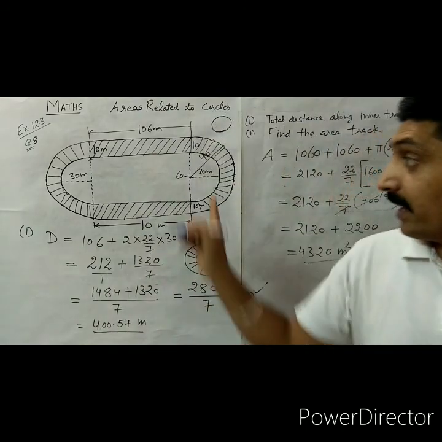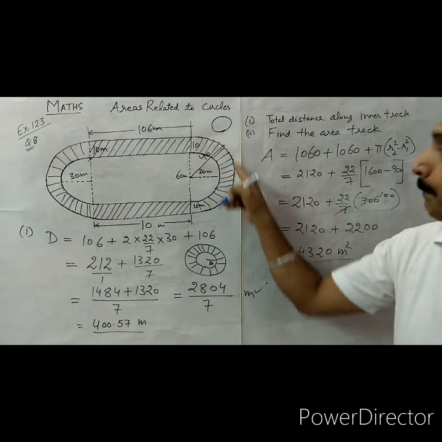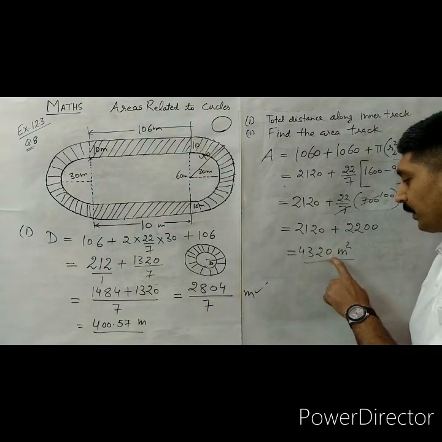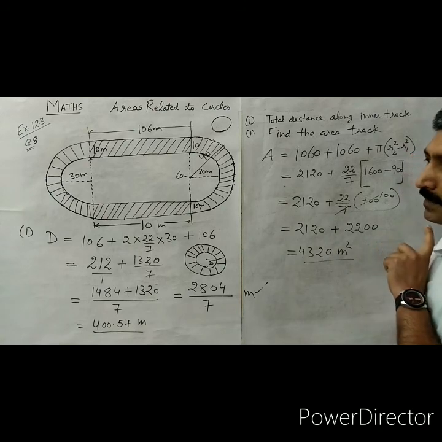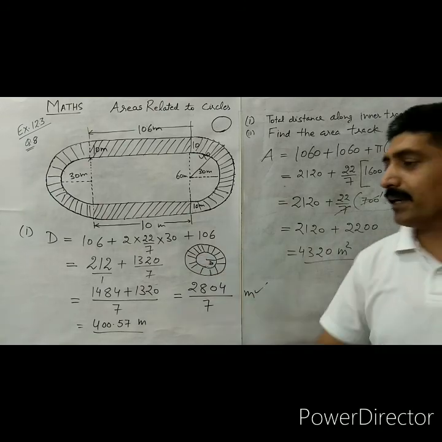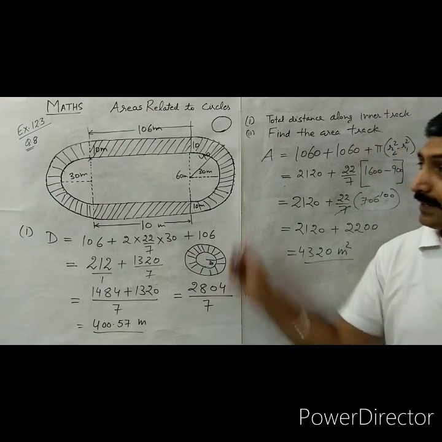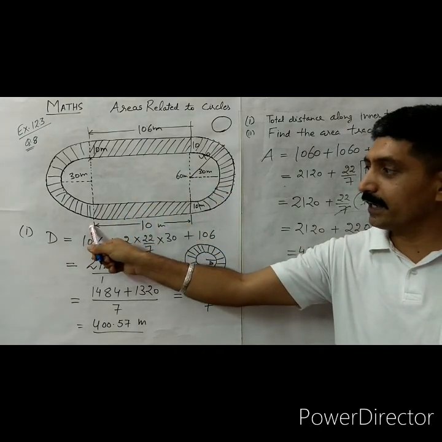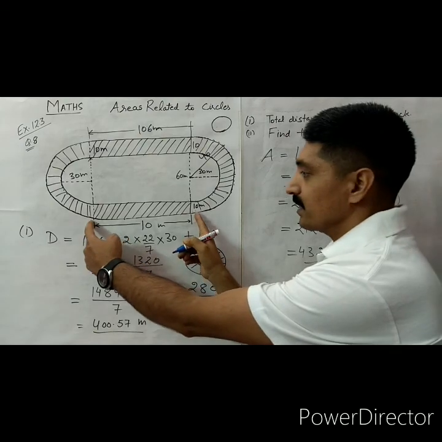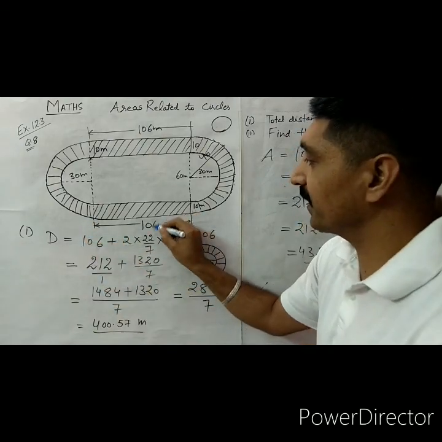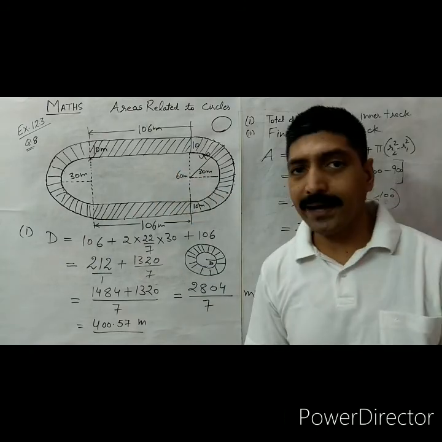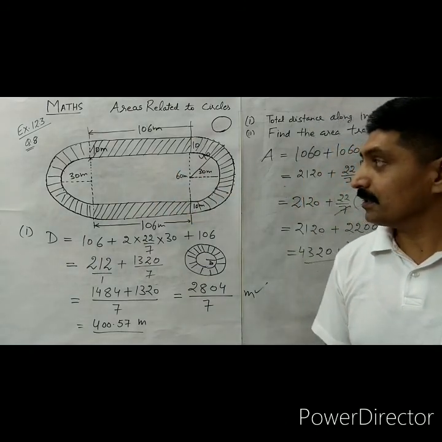So the area of the complete track is 4320 meter square. So dear students, this is a very important question and an easy one. So you have to understand the figure here, that this distance is 106 meter here, and the width of the track is 10 meter.